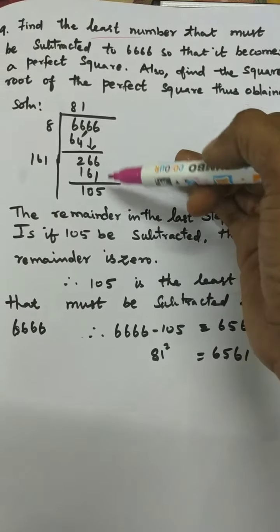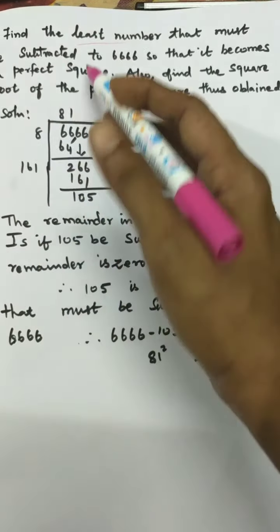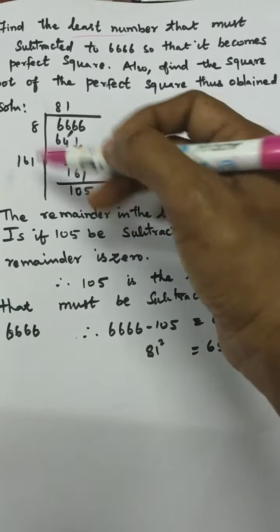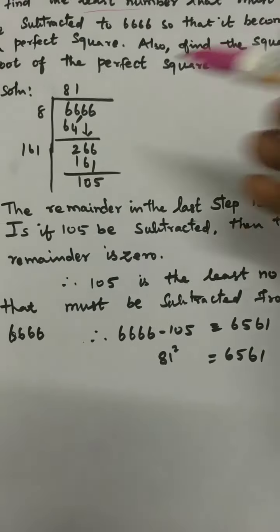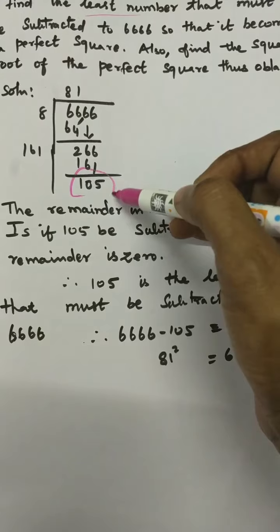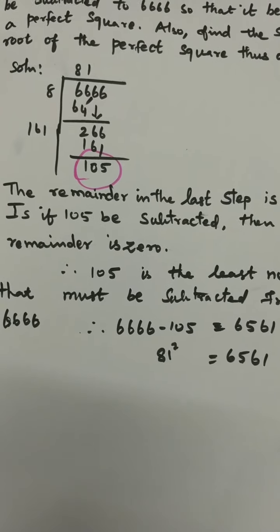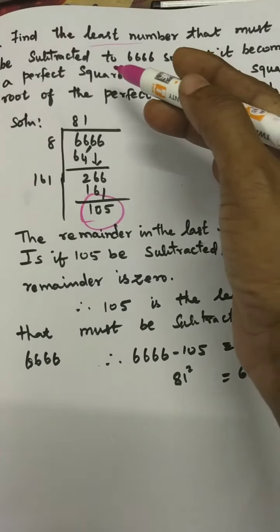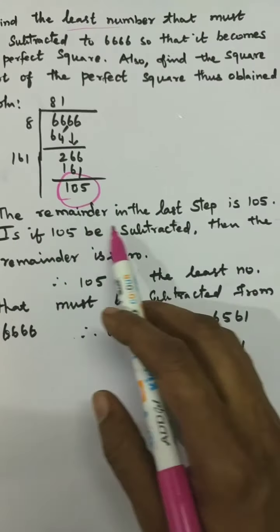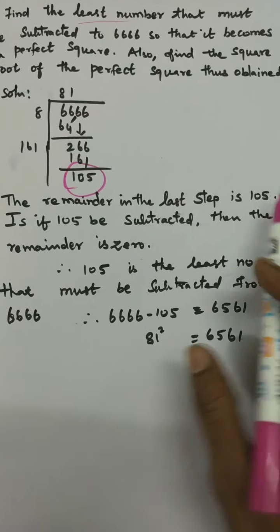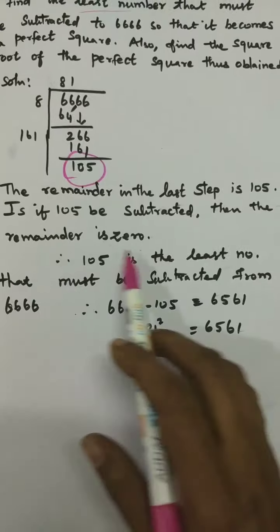Okay. You have to see what the least number to be subtracted is. How much you have to subtract to make this a perfect square. So they are dividing by the long division method. The remainder is 105. We cannot divide this further, so you would have to put a decimal point. Before that, they asked how much you have to subtract. The remainder in the last step is 105. If 105 is subtracted, then the remainder is 0.